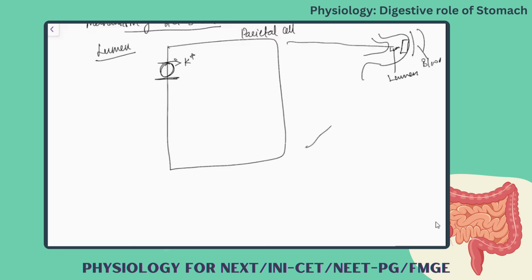So we are seeing a single parietal cell here. This is the lumen where you have the gastric juice, and on the other side you have the blood vessel.